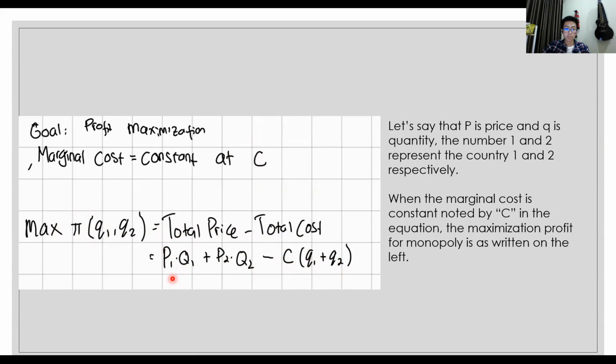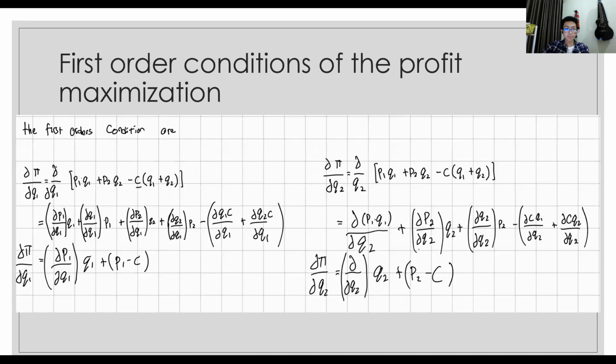So this we could call the profit function. Now after we have the profit function, we'll differentiate it and get the first order condition.